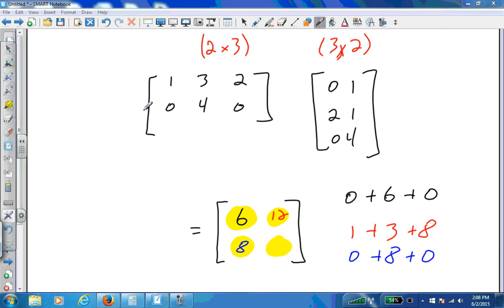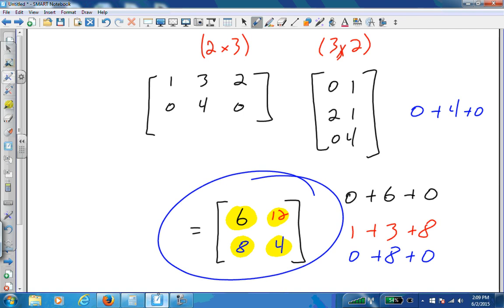So row 2 times column 2, 0 times 1, 4 times 1, 0 times 4. So that's the result of multiplying those two matrices.